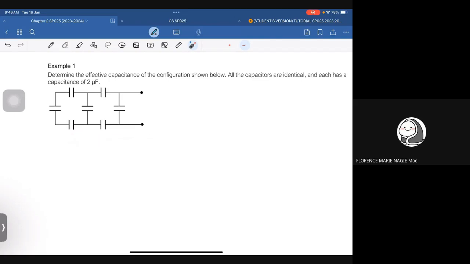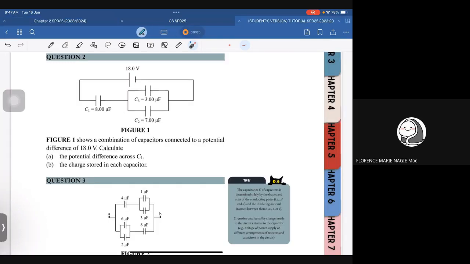Kamu kena simplify dari kiri pergi kanan, sebab dia mesti towards junction ataupun battery dia lah, sebab ini potential difference. Alright, so itu cara solve dia lah.